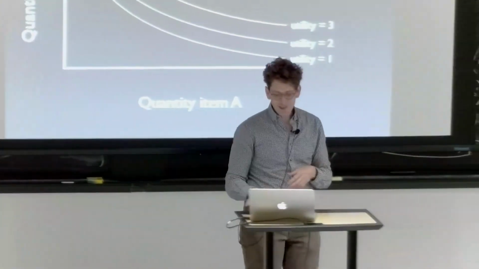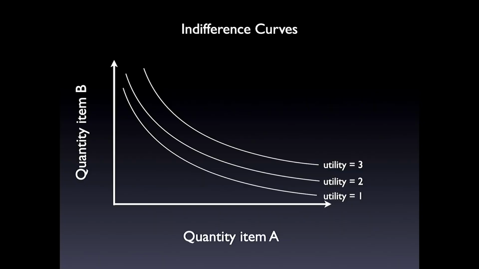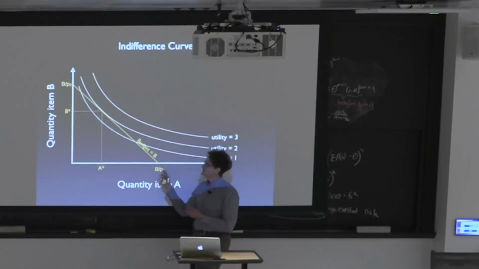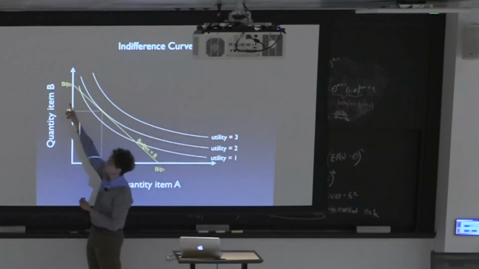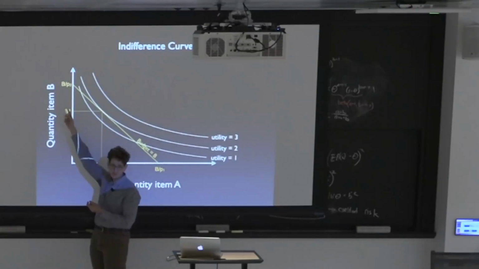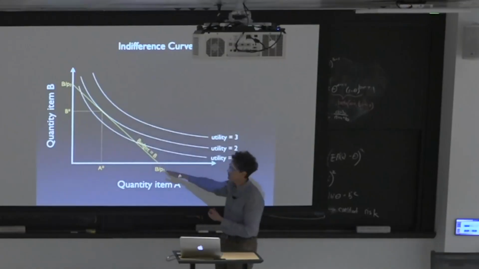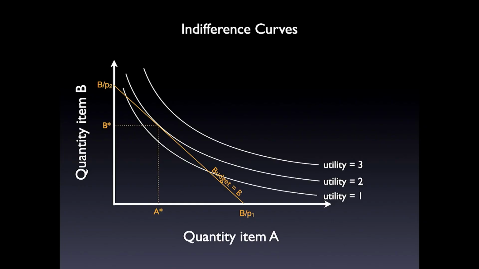Okay, so because they are convex, there is typically an optimal condition given any budget. Here we have a line of constant budget to buy these things, given some price P1 for item A, and some price P2 for item B. You take your budget divided by P2, and that shows you how much of item B you can buy. And then you can buy anything along this line. That's what your budget allows you to buy.